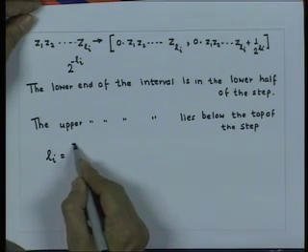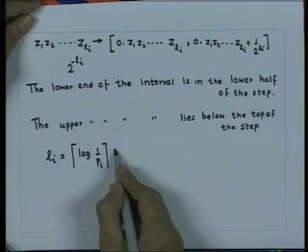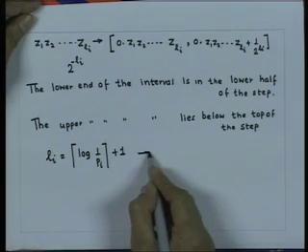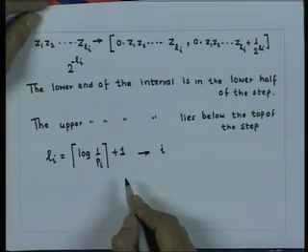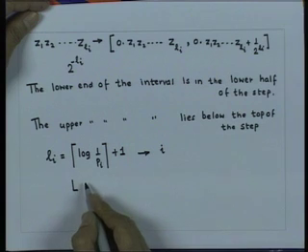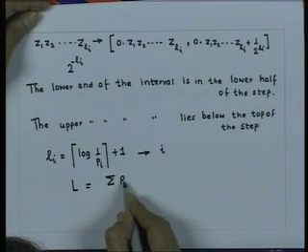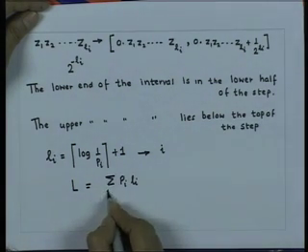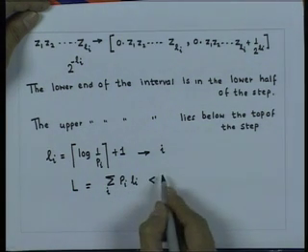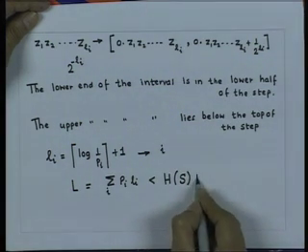Now, since we use the length Li equal to log of 1 by pi upper floor of this plus 1 to represent the ith letter, the expected length of the code can be shown to be equal to summation over i of pi Li, which is less than or equal to the entropy of the source plus 2.